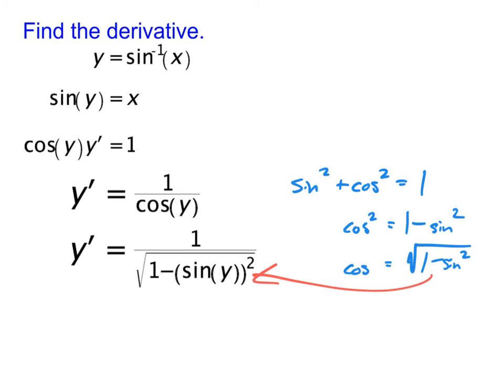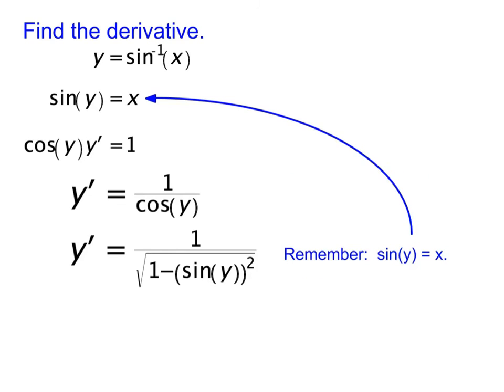All right, now that we are here, we again can use what we know. Because remember, I wanted it in terms of sine because I know what sine is. Remember that sine of y equals x.